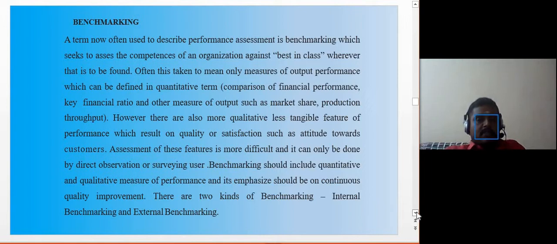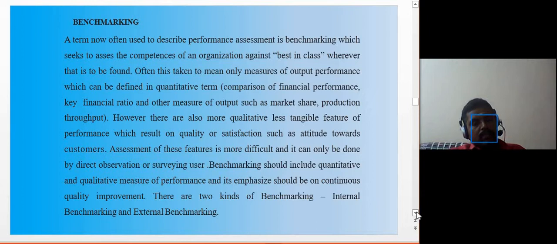Assessment of these features is more difficult and can only be done by direct observation or surveying users. Benchmarking should indeed include quantitative and qualitative measures of performance, and its emphasis should be on continuous quality improvement.